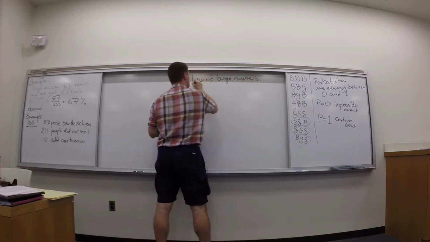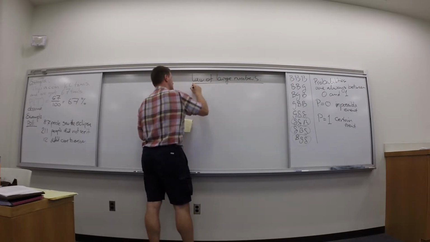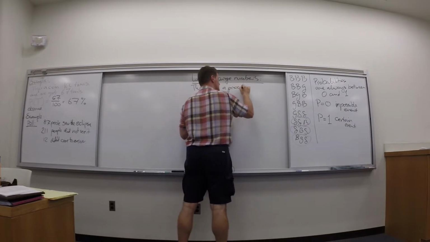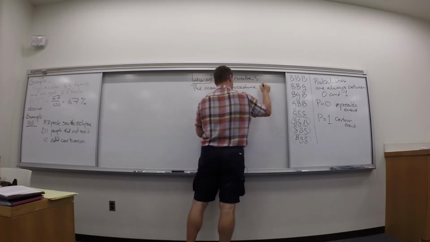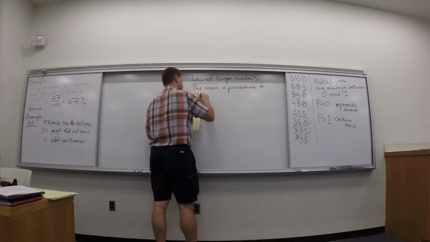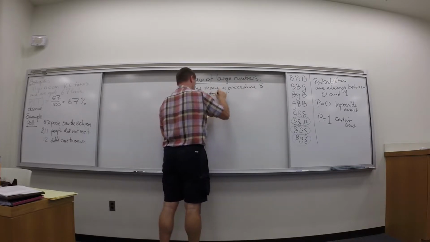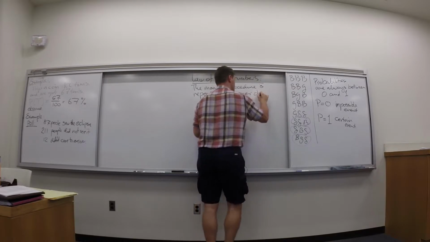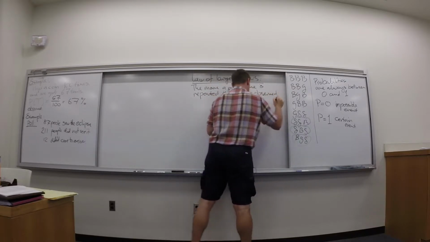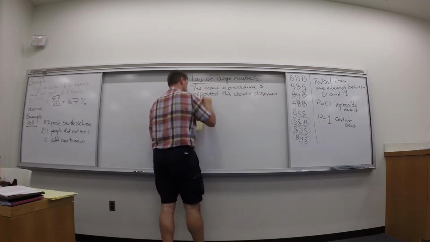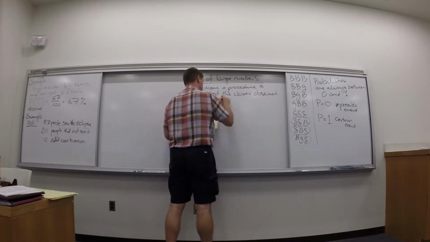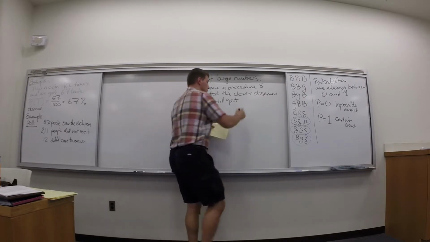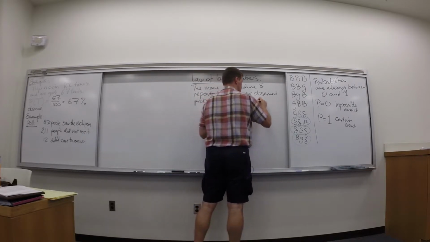The law of large numbers says the more a procedure is repeated, the closer the observed probability will get to classical.